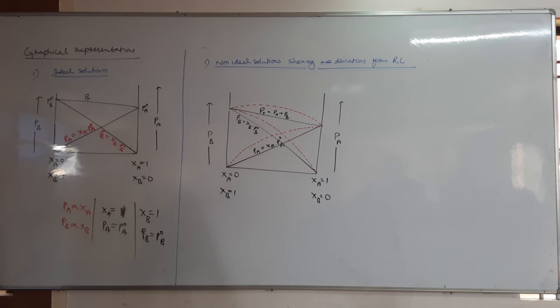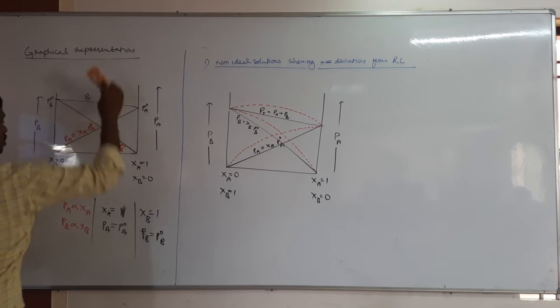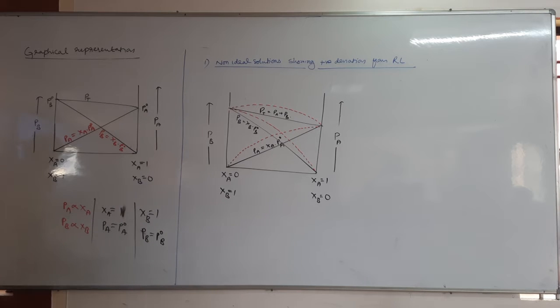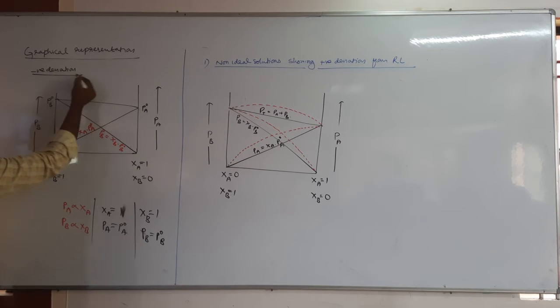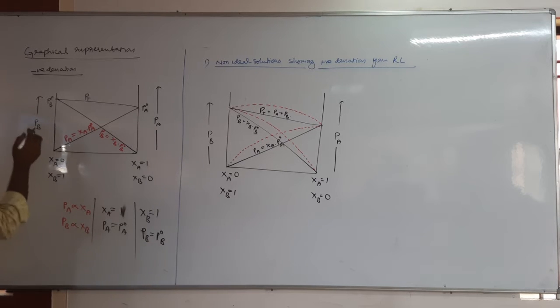If it is negative deviation, it will be same. I will write here this only negative deviation. For negative deviation, it is an ideal solution, but in negative deviation, the vapor pressure of the solution is less.